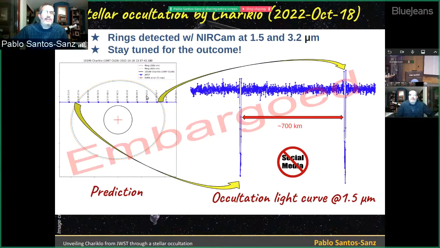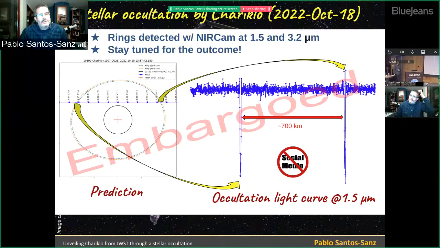Maybe not an atmosphere, but perhaps some diffraction pattern if we are closer to the main body. But nothing by now. We haven't detected anything, but in the future perhaps we can say something about that.